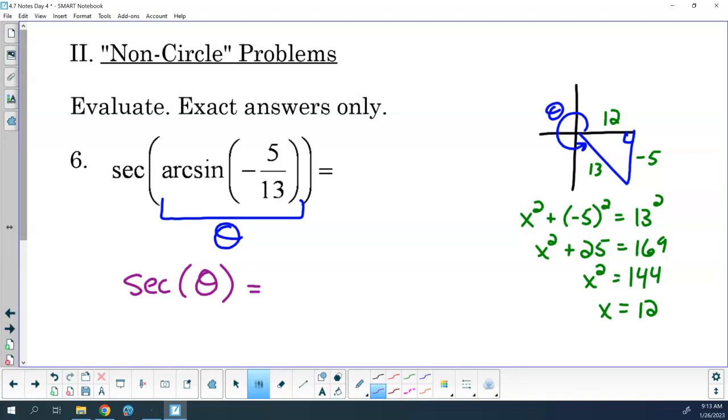So this would be 13/12. I'll pause for questions, let that sink in. Everybody good with that?